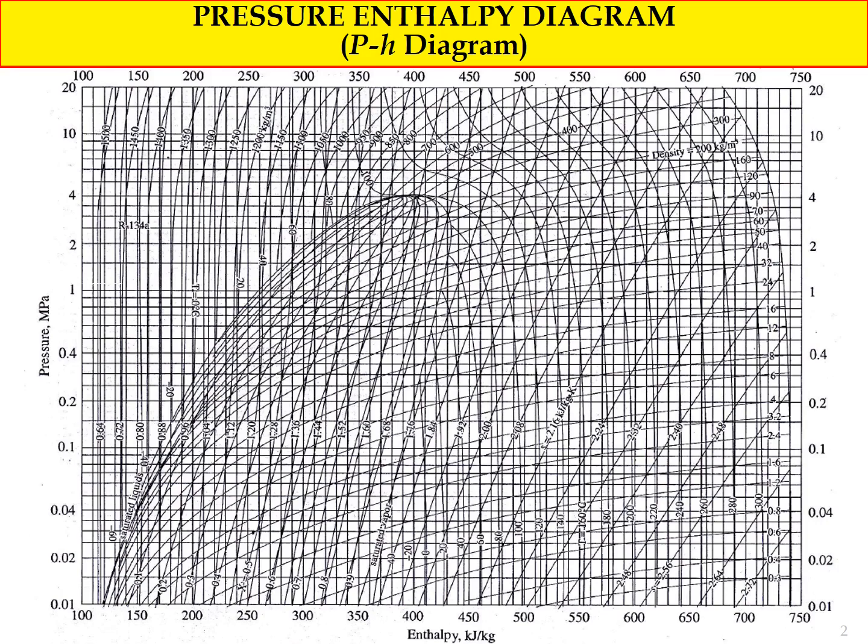In the same problem, you cannot use both methods. So you need to choose one. If you want to use the table, you cannot use the pH diagram. If you want to use the pH diagram, you cannot use the R134A thermodynamic table to solve your problem.